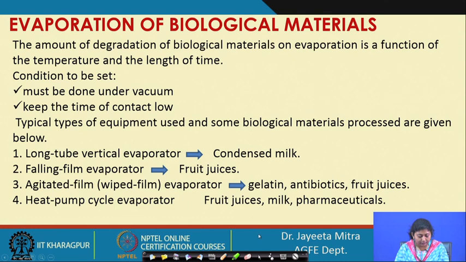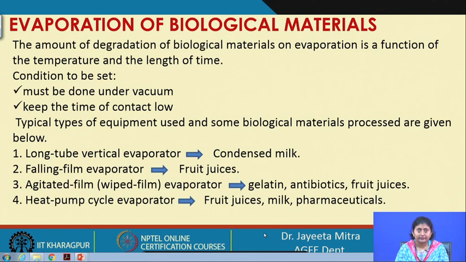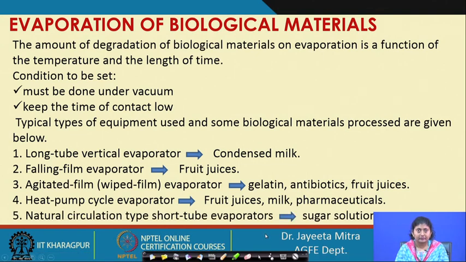There is also the heat pump cycle evaporator for fruit juice, milk and pharmaceuticals, because these are very heat sensitive materials. Natural circulation type short tube evaporators are used for sugar solution.